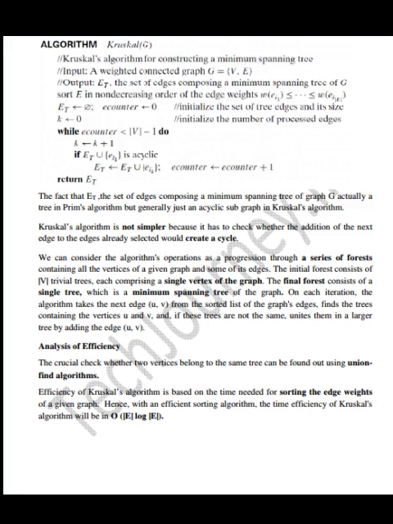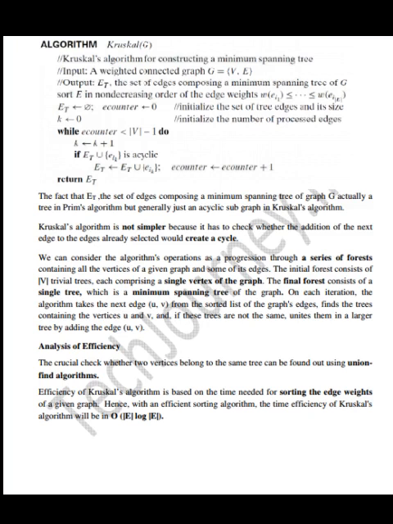We can consider the algorithm's operations as a progression through a series of forests containing all the vertices of a given graph and some of its edges. The initial forest consists of |V| trivial trees, each comprising a single vertex of the graph. The final forest consists of a single tree, which is the minimum spanning tree of the graph.